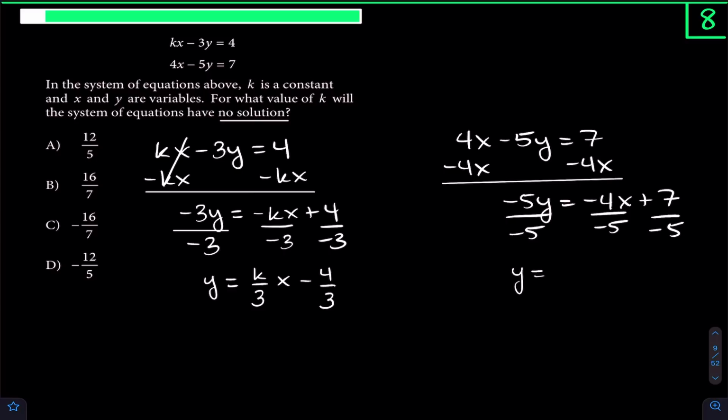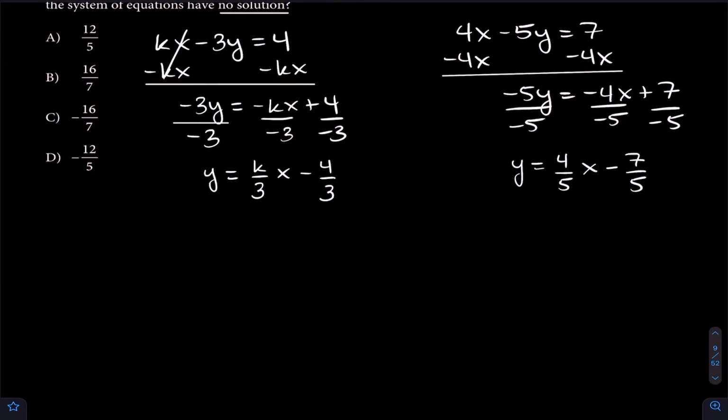So we get that y is equal to 4/5 x, and then this is a negative 7/5. Now that we have that, we again know that these slopes are equal to each other. They are the same. And so k/3 must equal 4/5.